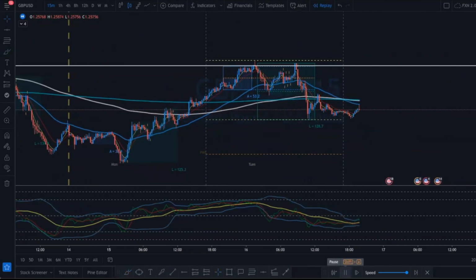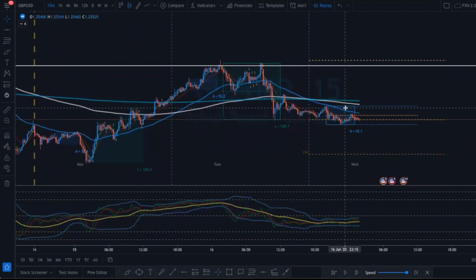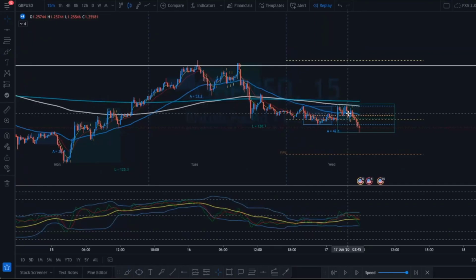So right here, for example, I'd be looking for another sell to pin off one of these EMAs, either the 50 or the 200. See, like right here, see that? Pin, pull back, go.